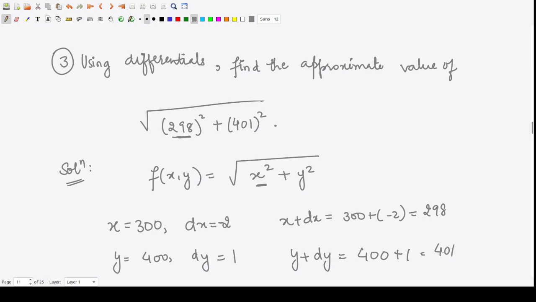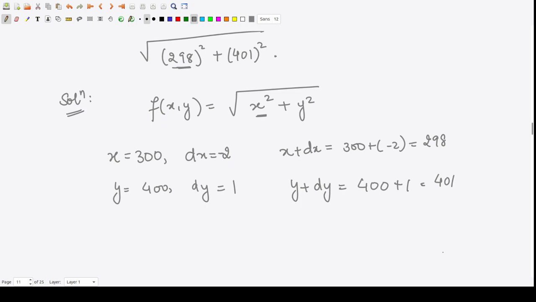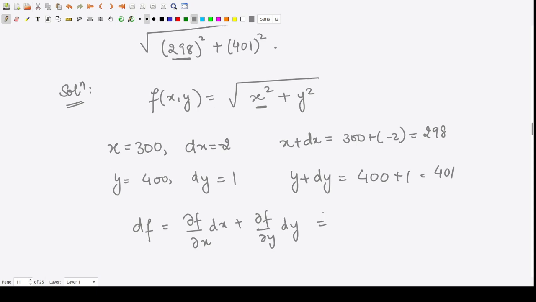Now we have to approximate this value. For that, we will compute df first. It would be the complete derivative of this function, so it would be del f by del x into dx plus del f by del y into dy. So what would be the derivative of f?